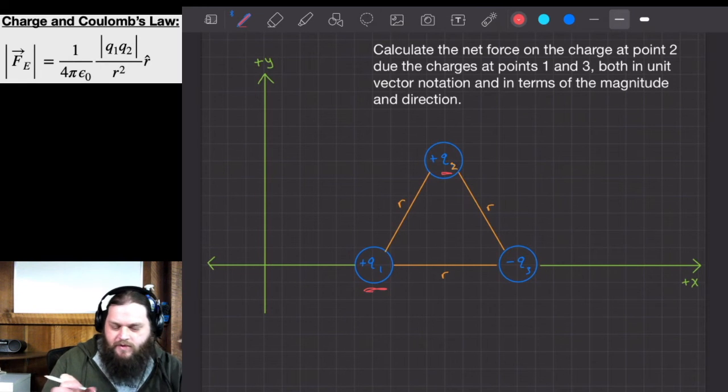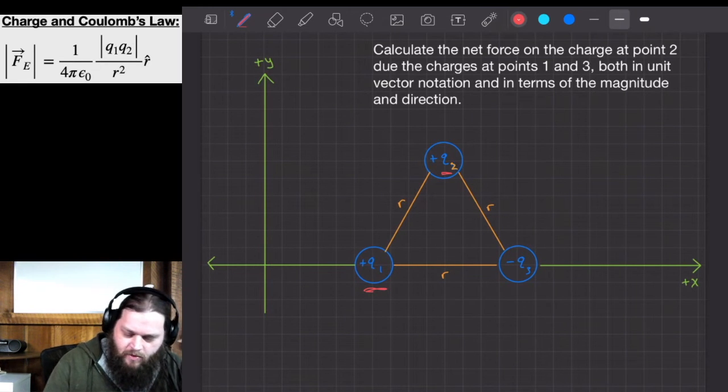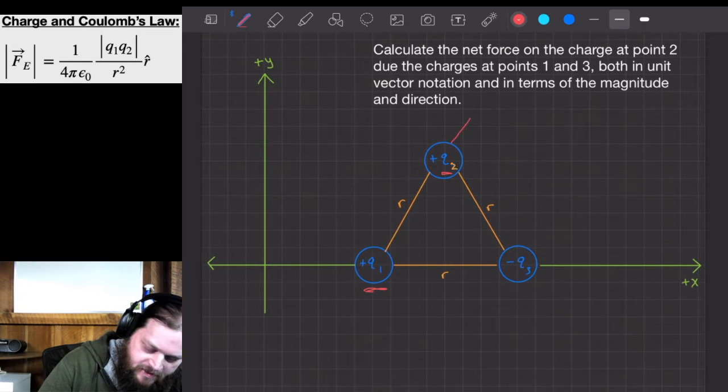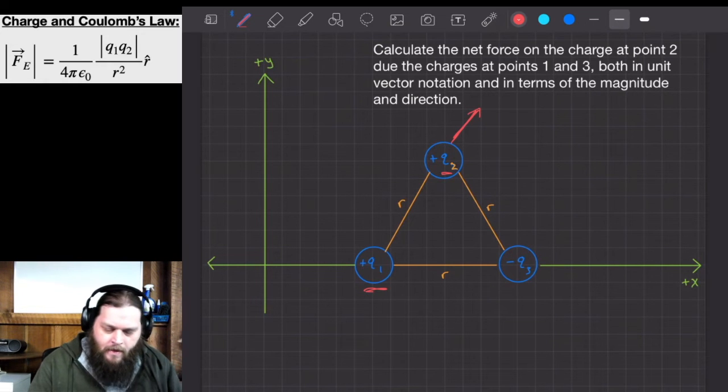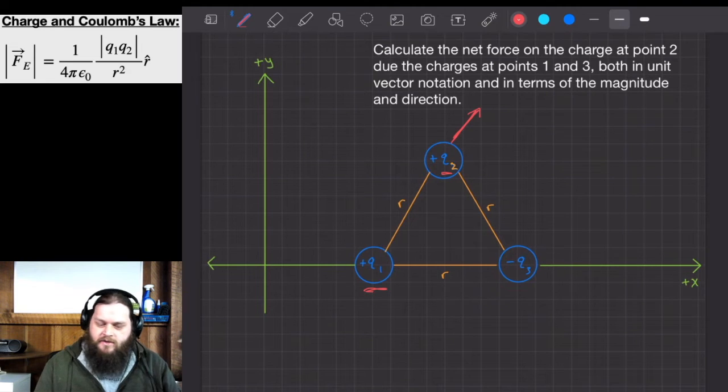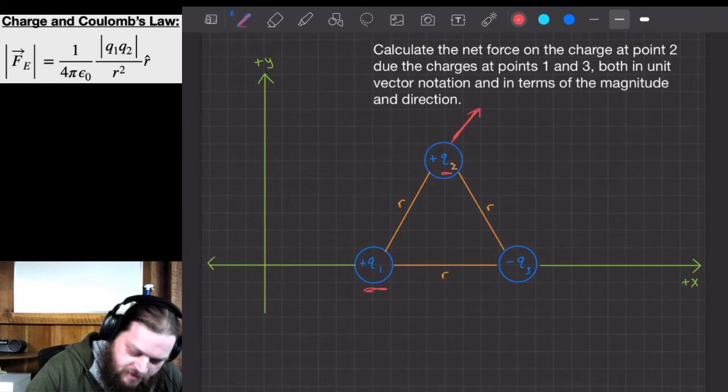Those are going to be repelling forces because they're the same charges and they're going to move away from each other. So I know that this force has got to go somewhere up in this direction. Q2 and Q3 are opposite charges, so they're going to be attractive forces. So this force is going to travel down this way.